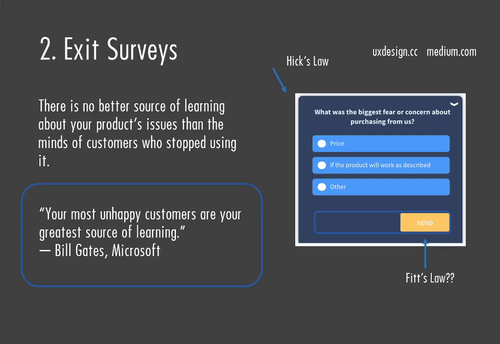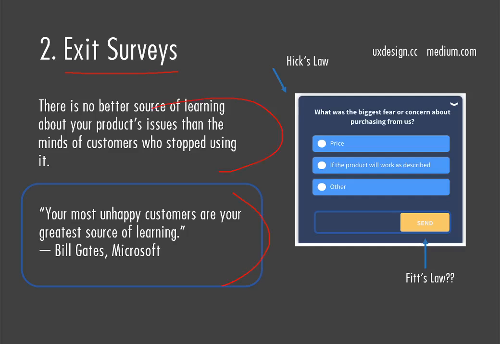Okay, second is exit surveys. Another fancy name. This is, well, people said there is no better source of learning about your product's issues than the minds of customers who stopped using it.